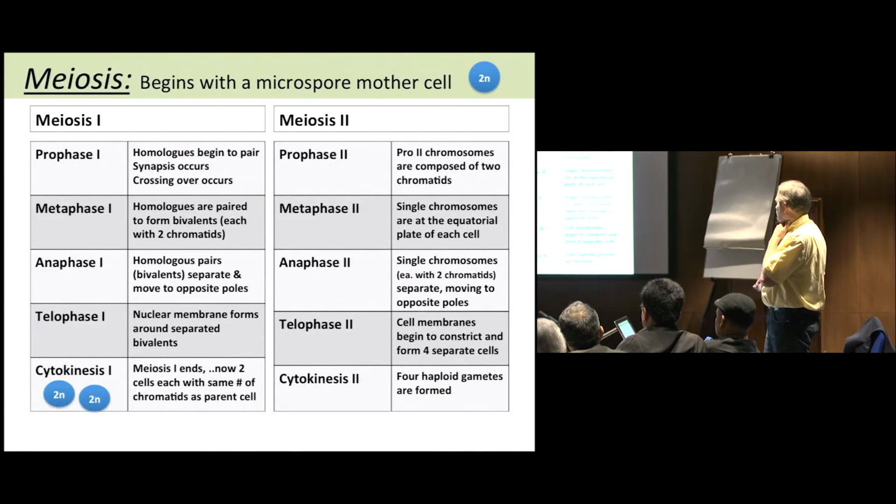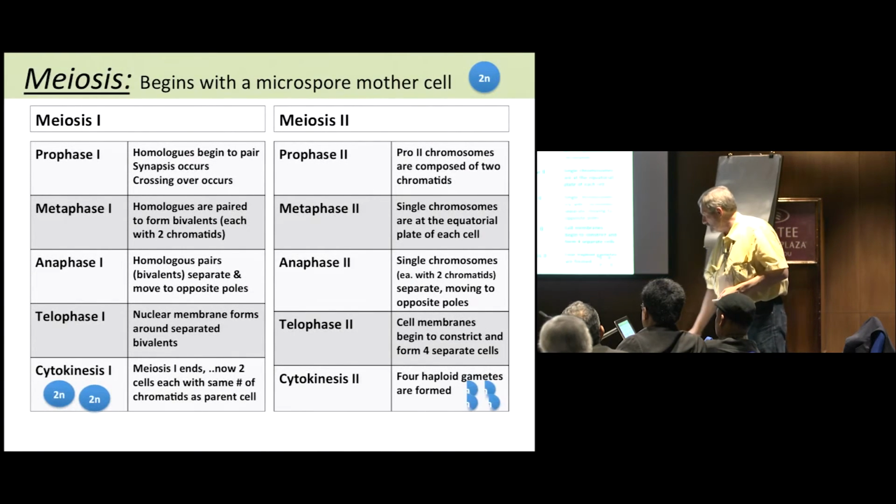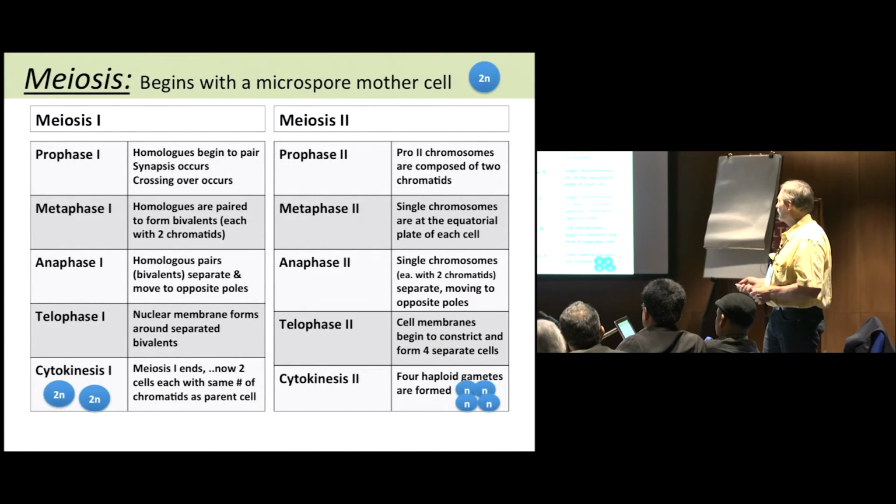And then in telophase 2, cell membranes begin to constrict and form 4 separate cells, so that at the end of cytokinesis, we now have 4 haploid germ cells, each of them with a different genetic constitution based on what happened up here in prophase 1 with synapsis and crossing over.